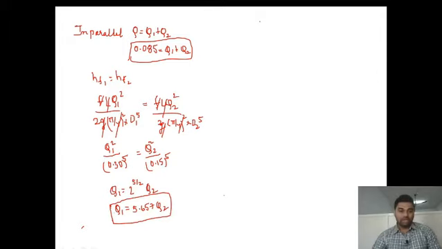Substitute this value in the above equation.